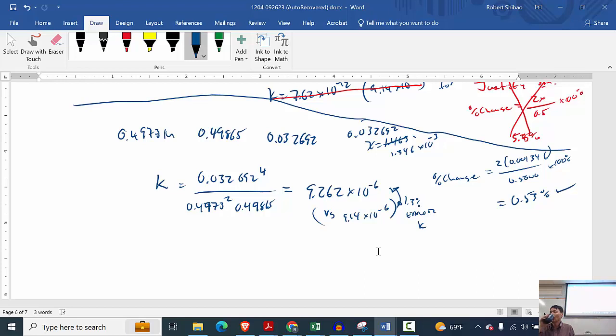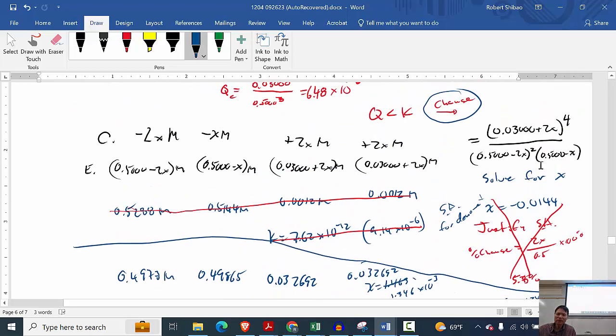For X, I just like one. What calculator do you have? And the Casio solved it? Was that the FX 115? Yeah. Wow. The Casio, I didn't realize it could solve fourth order equations.